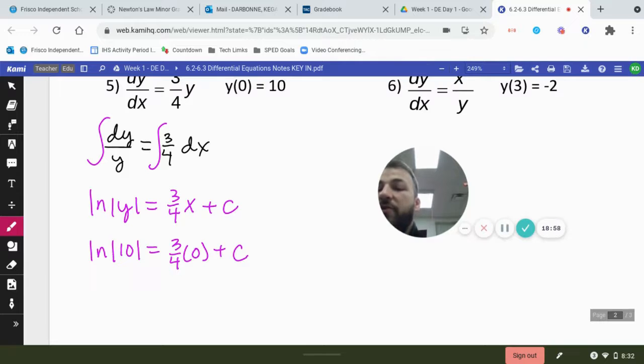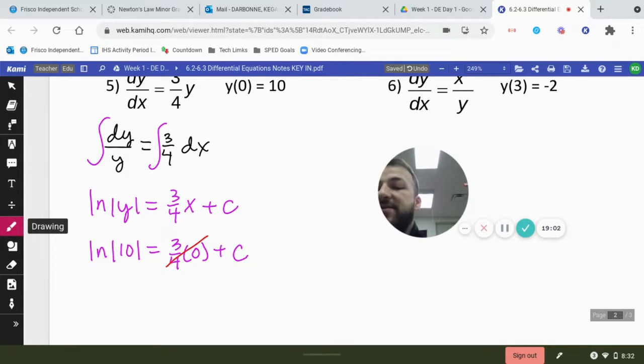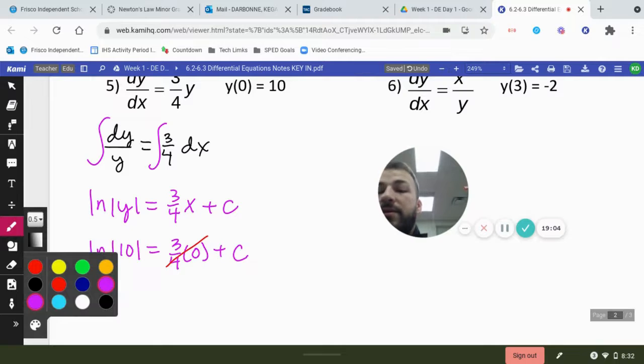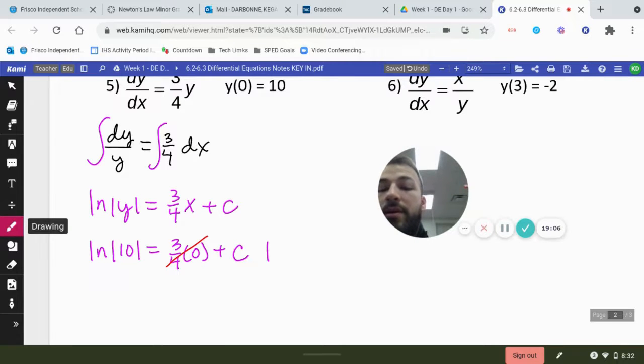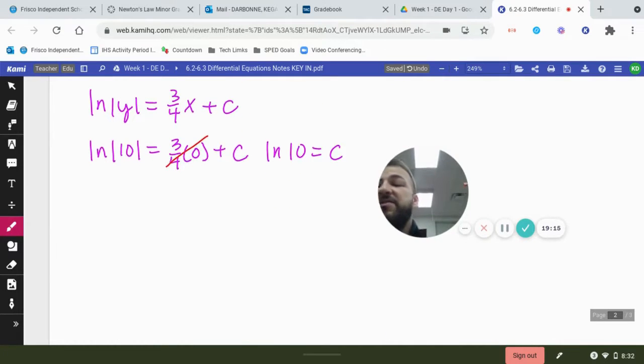So from here, 3/4 times 0, that cancels out. So we get natural log of 10, because absolute value of 10 is just 10, is equal to c. So now I can plug that back into my function. So this becomes natural log of the absolute value of y is equal to 3/4 x plus the natural log of 10.